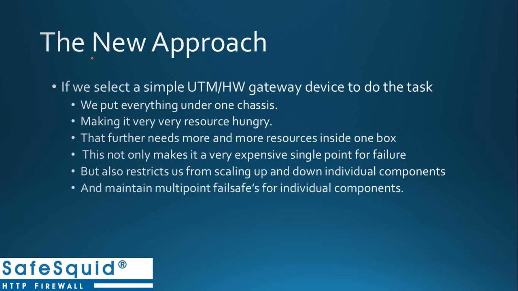I have to provision 2x for my data center real estate, in terms of electricity, in terms of cooling and everything. So it is increasing at a multiple of 2 the moment we try to add a single unit to the system. This is one of the major issues with a single-box hardware gateway or UTM deployment.